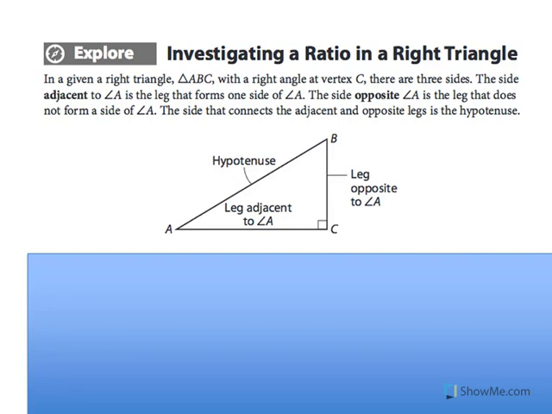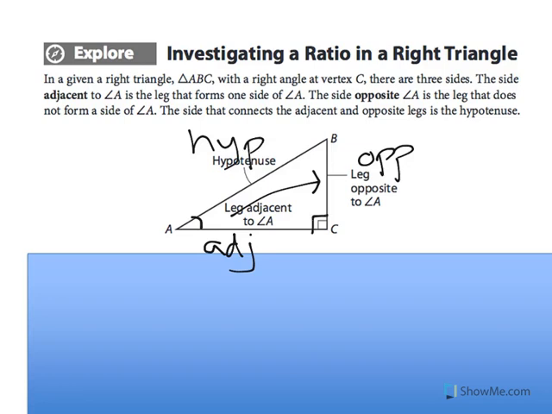So here we're looking at angle A. This side is adjacent to angle A, and this side here is called the opposite of angle A, and this is the hypotenuse. And this is a right angle.